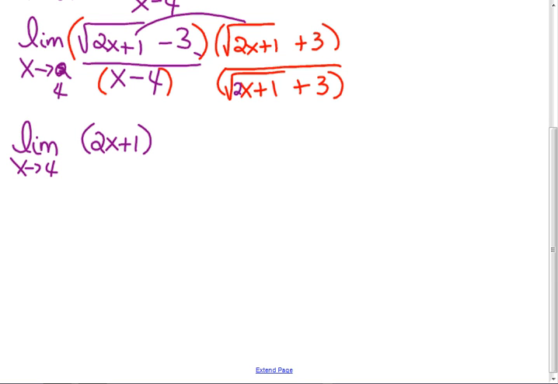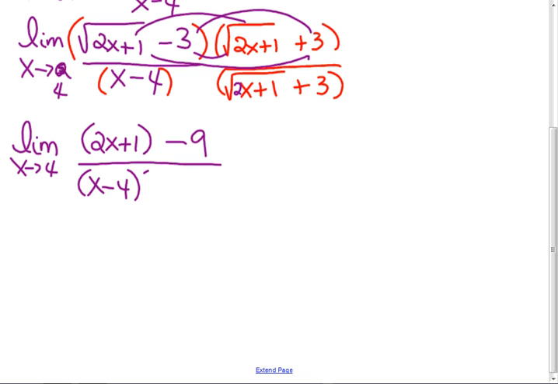What happens to the middle ones? They go away. And the last ones are minus 9. Okay, we should be able to multiply those out fairly quickly. These I'm not going to multiply out. It's not quick anyway. So it's x minus 4 over the square root of 2x plus 1 plus 3.